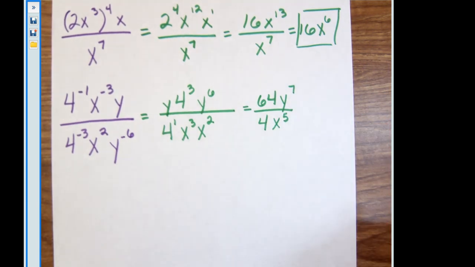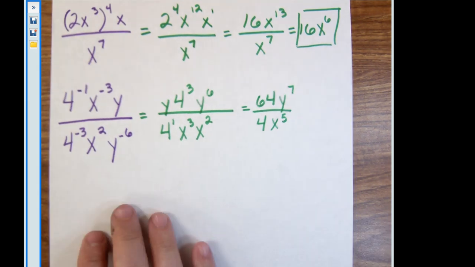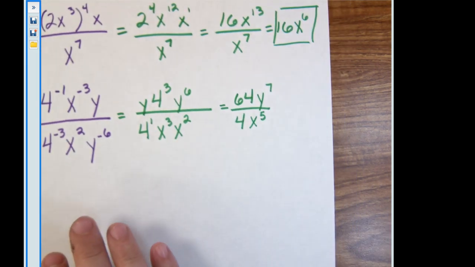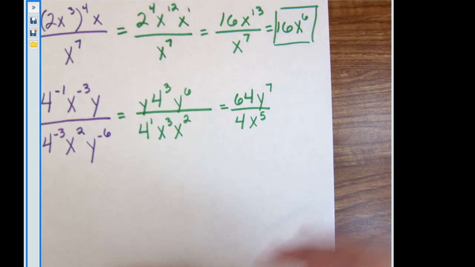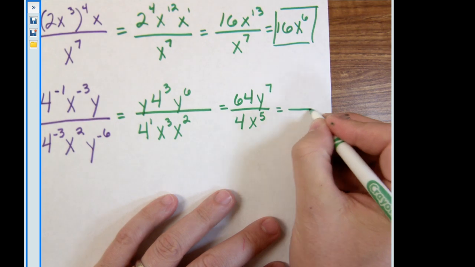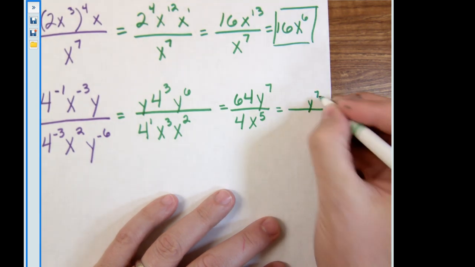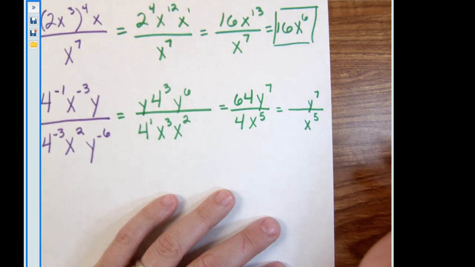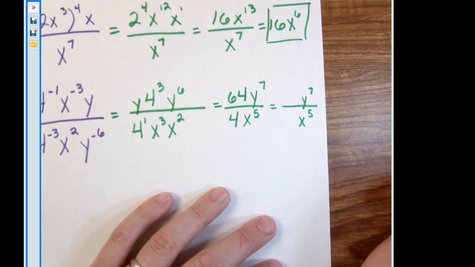Are we done? No, because 64 fourths will reduce. What will 64 fourths reduce to? It'll reduce to 16. Where does the 16 go? Does it go on the top with the y's, or does it go on the bottom with the x's?